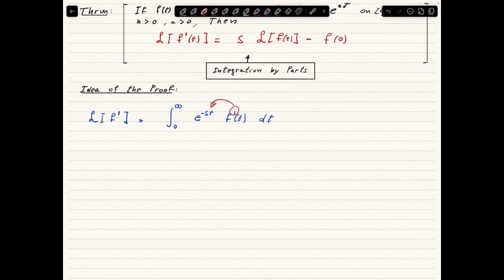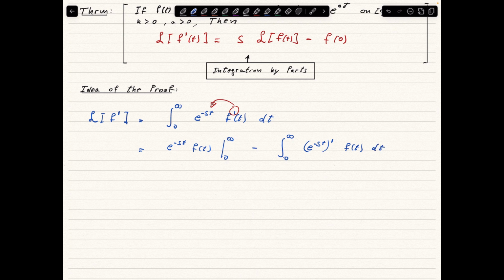That's the whole idea behind this method of solving differential equations by integration. We do integration by parts, and what we get here is the exponential negative st times the function of t evaluated at 0 and infinity, minus the integral from 0 to infinity, and now here we have the exponential negative st derivative f of t dt.